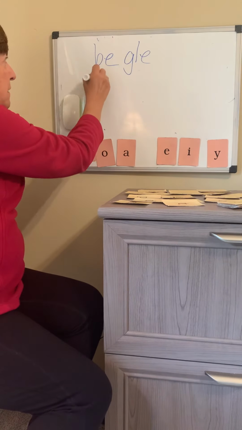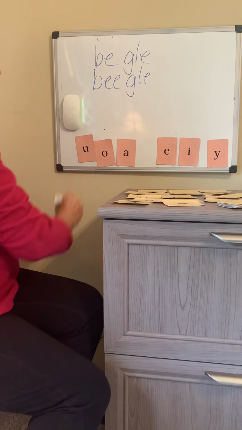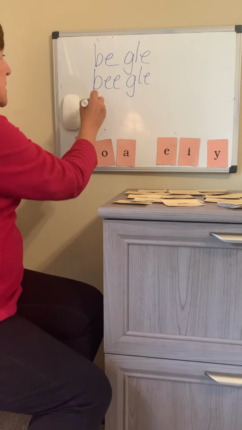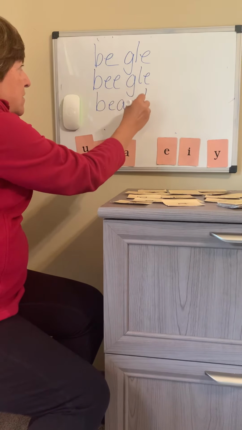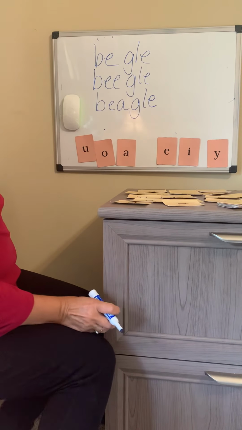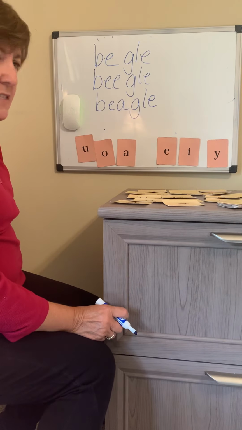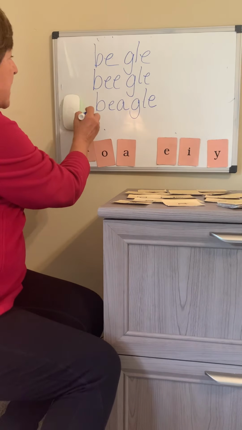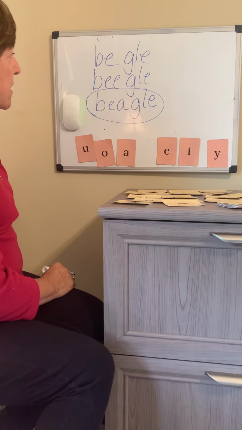Or I could spell it B-E-E, G-L-E, or I could spell it B-E-A, G-L-E. Look at all those options. Beagle. Which one looks best to you? Actually, this is the correct spelling of beagle.